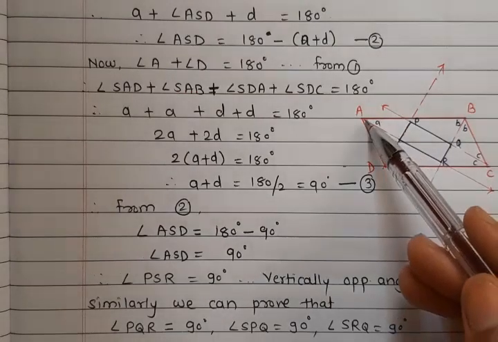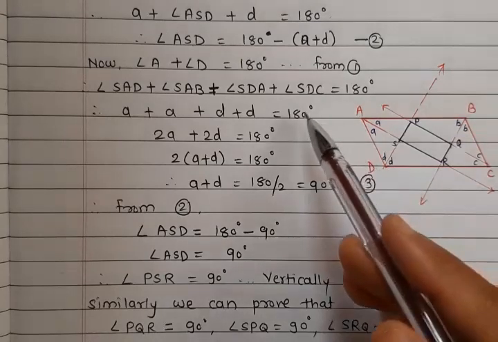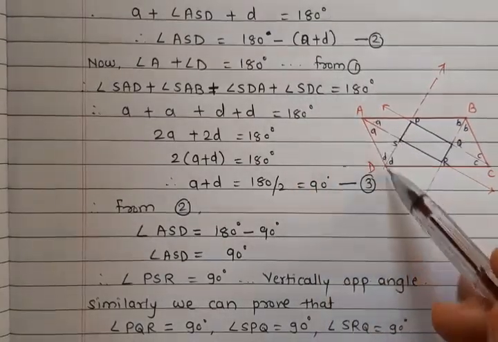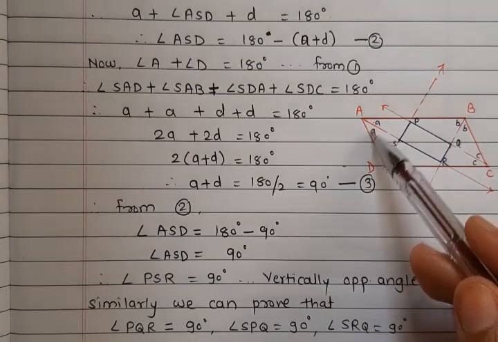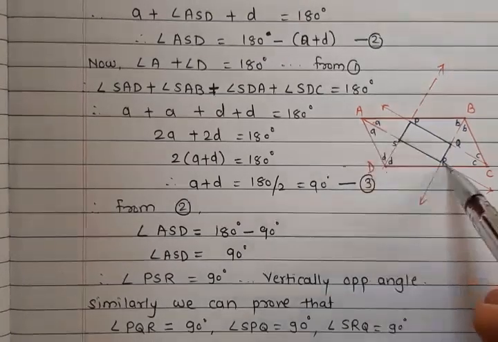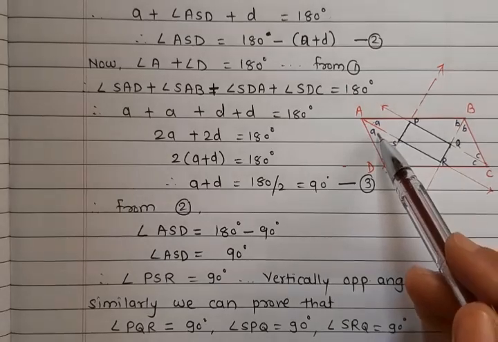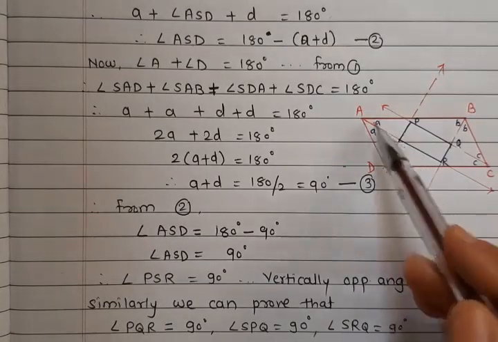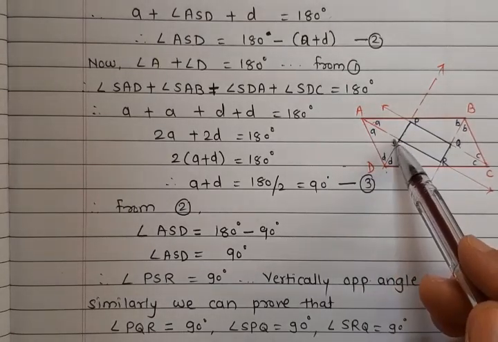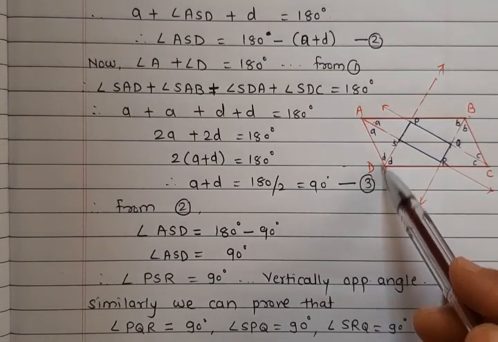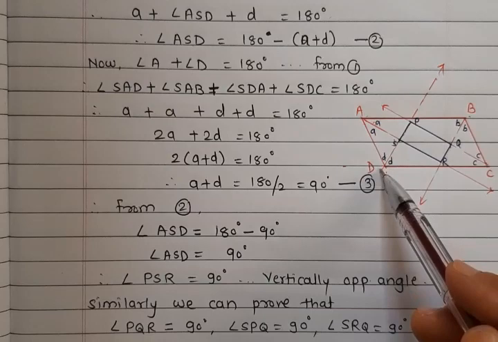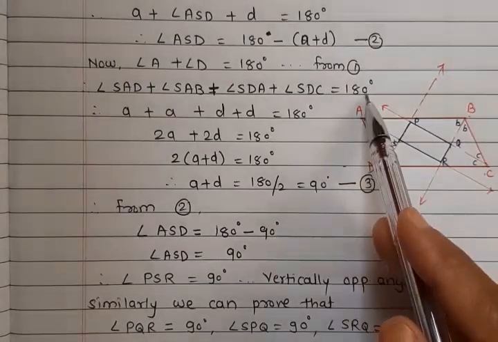Now angle A plus angle D equals 180 degrees because these are the adjacent angles of a parallelogram. But angle A is formed by two angles because AR is the bisector. So angle SAD plus angle SAB plus angle SDA plus angle SDC equals 180 degrees.